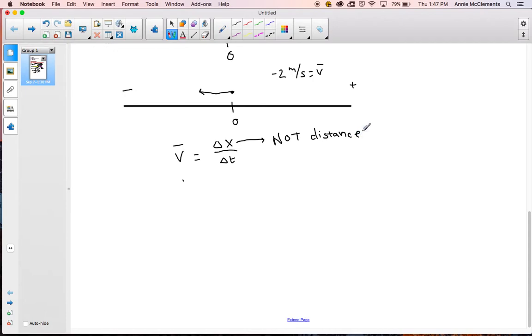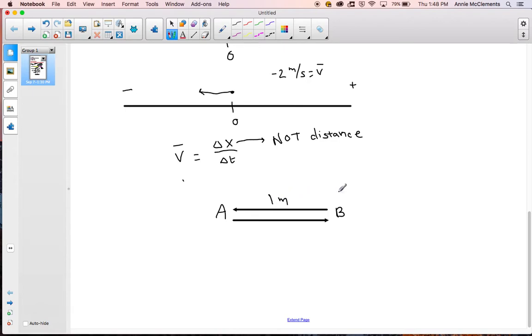The example of this that I gave in class, and I'll show it again just to make it clear, is if I start in one position and I travel to another, say this is position A here, and this is position B, and then I turn around and I walk back to position A. Let's say they're 1 meter apart.